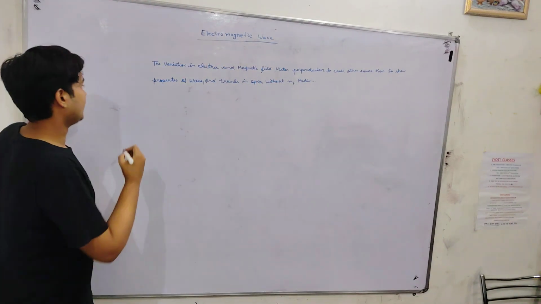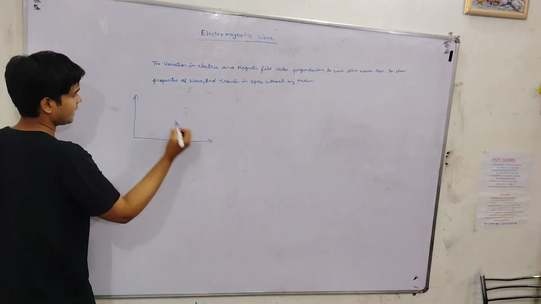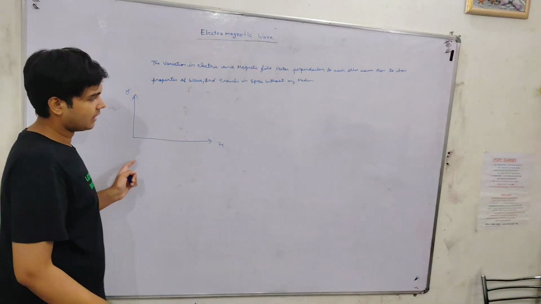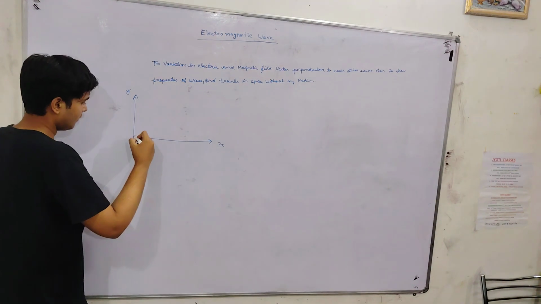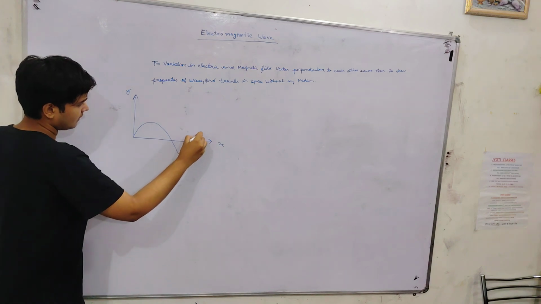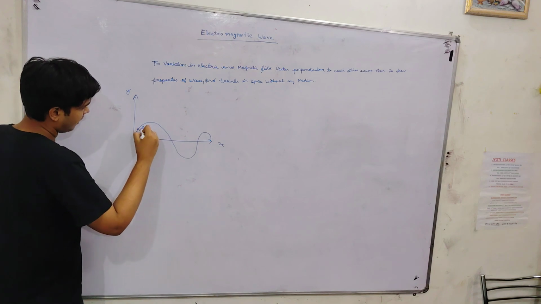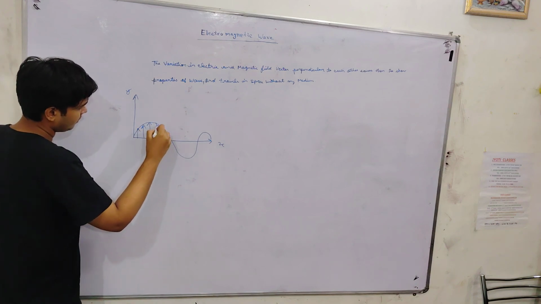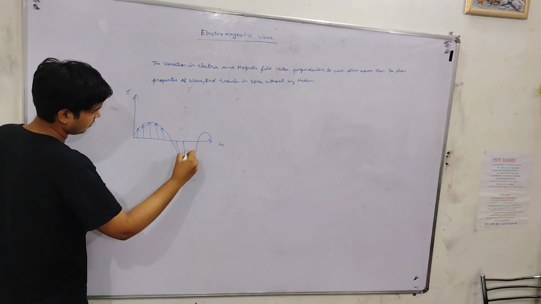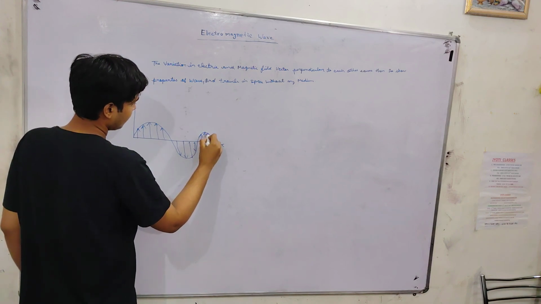The graph of electromagnetic wave can be seen like this: x-axis, y-axis. It is a vector quantity, so it will also have direction. The upward wave will be the electric wave, in a straight direction.